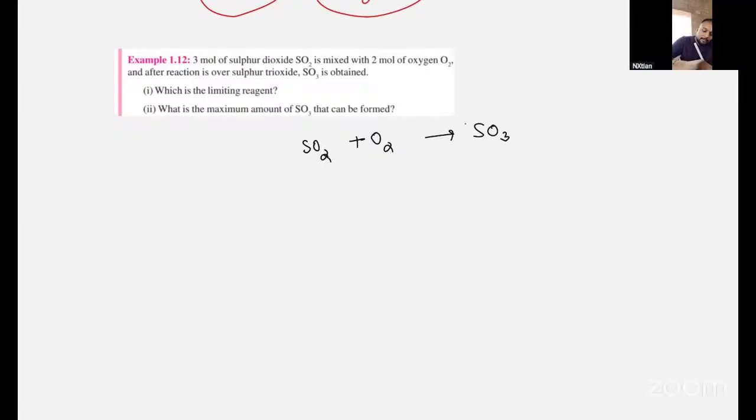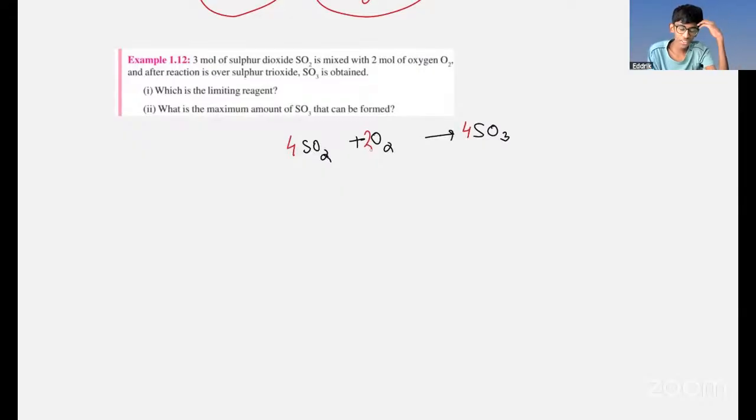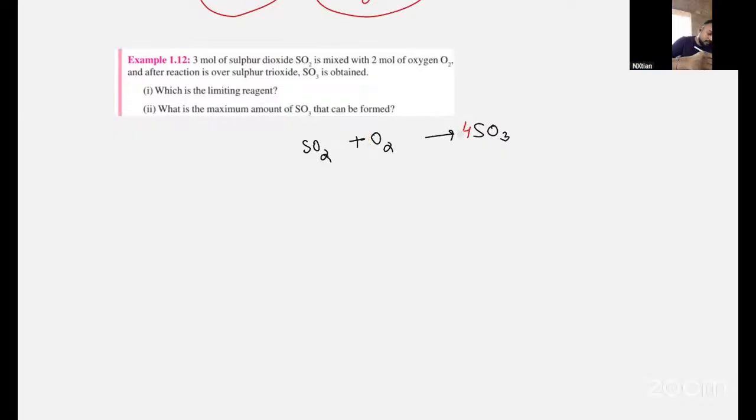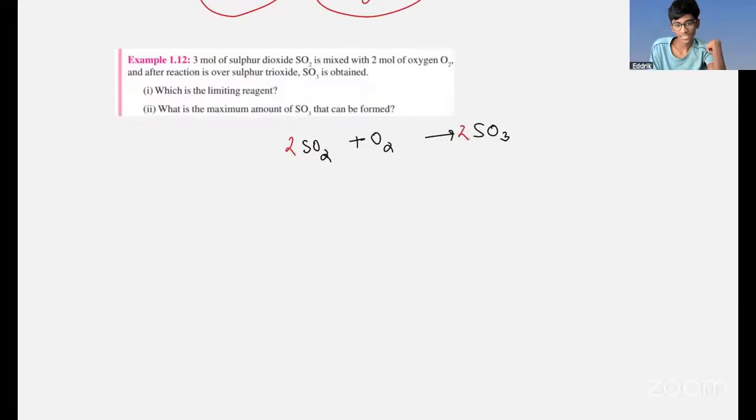If I multiply by 4, 4 times 3 is 12, then 8 and 2. Is this the balanced chemical reaction? Or you can say 2SO2 plus 1O2 gives 2SO3. Yes, so we can write it like that. Did you understand? Yes, sir.